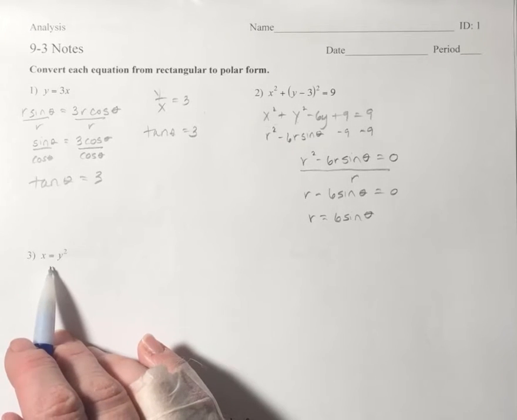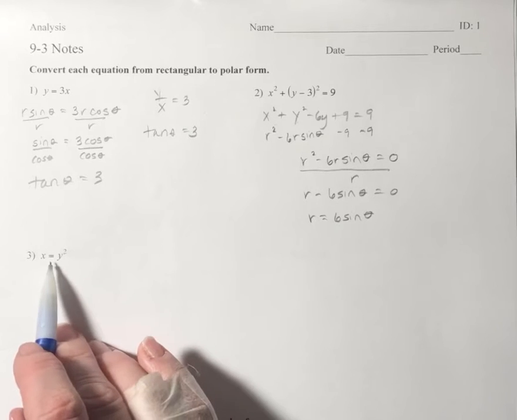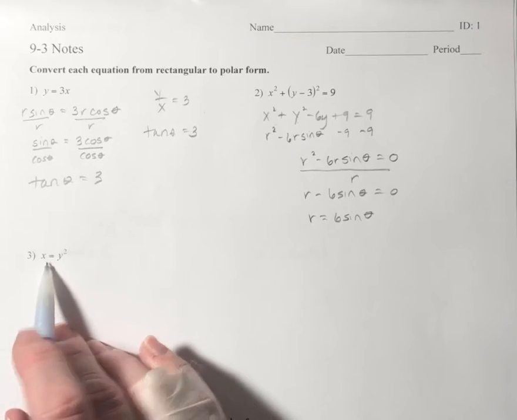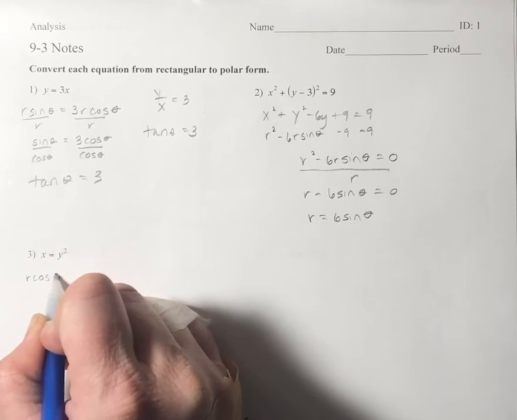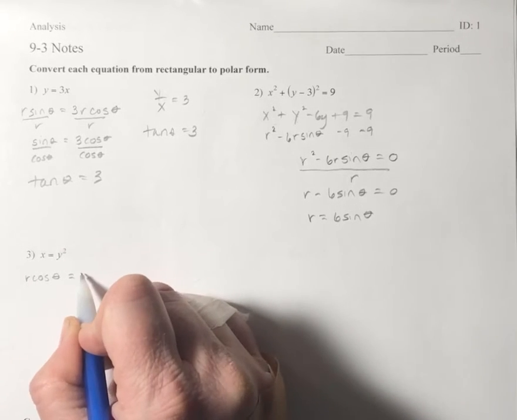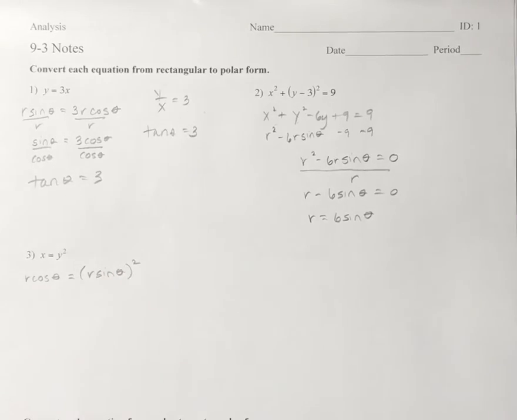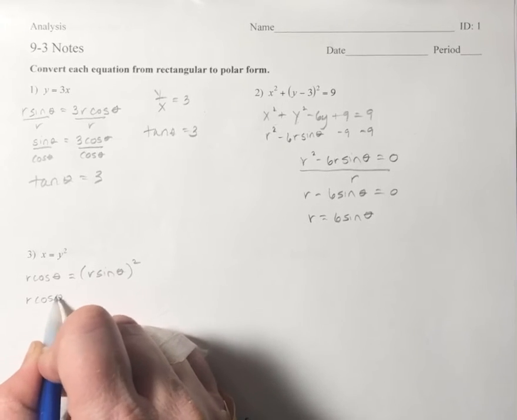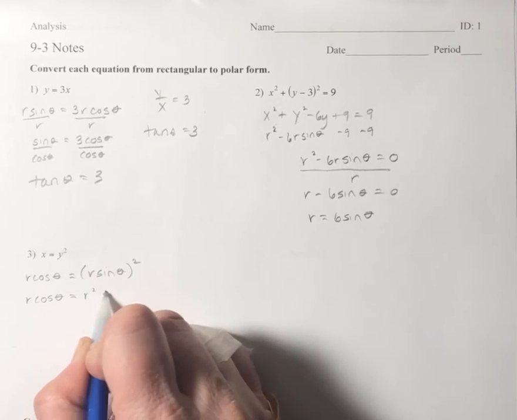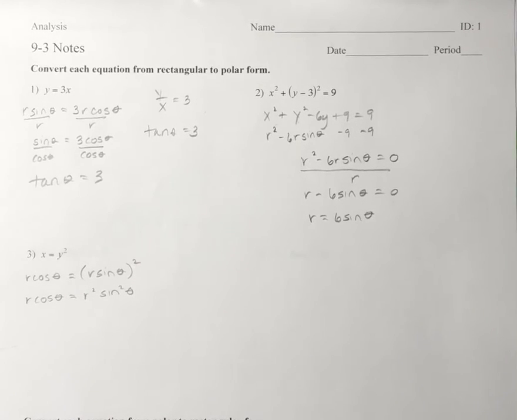One more, converting from rectangular to polar. X is r cosine theta. Y is r sine of theta, but this is squared. So if I square this, that's what I've got.